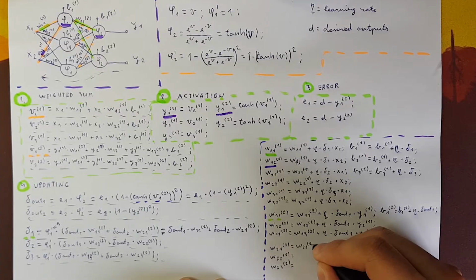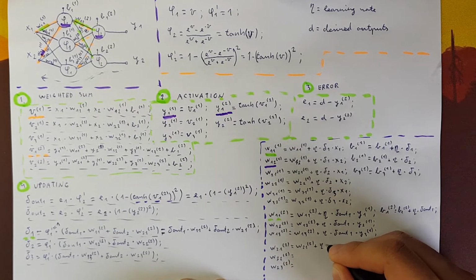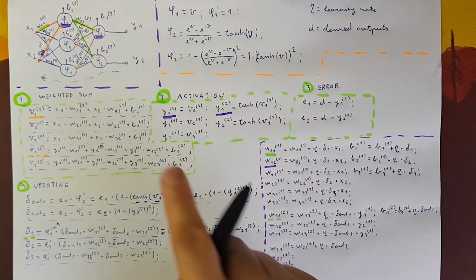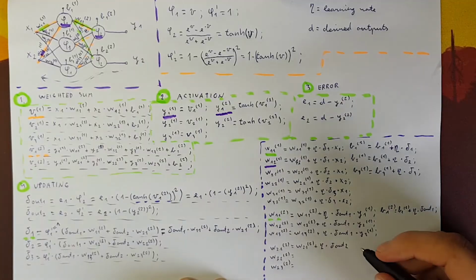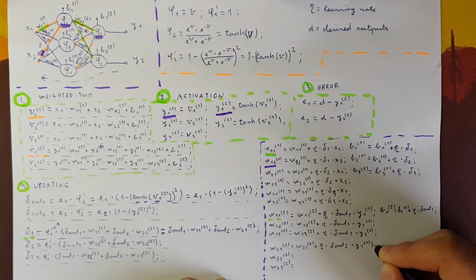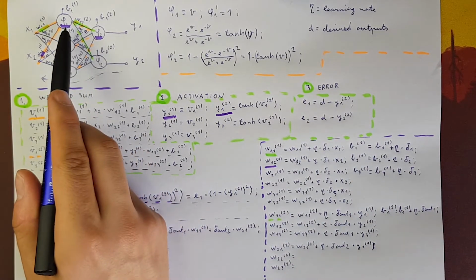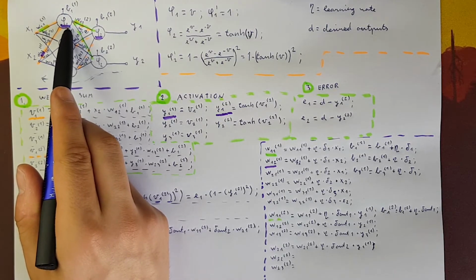W2,1 of the second layer plus learning rate multiplied by delta out 2, because it's for the second neuron, and multiplied by y1 of the first layer, because this 2,1 is from the first neuron.